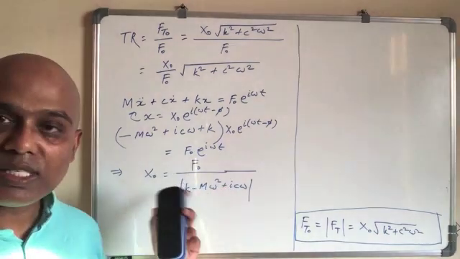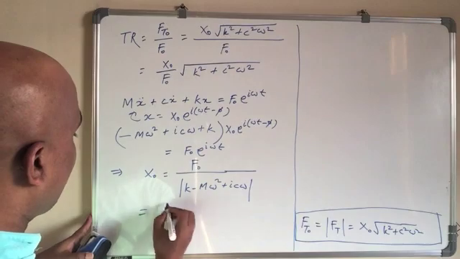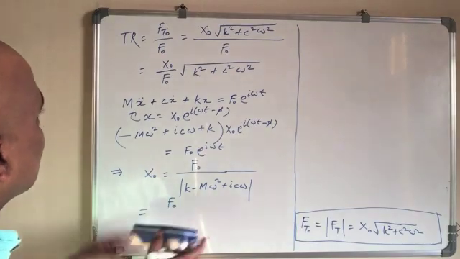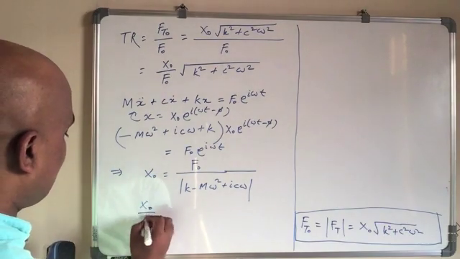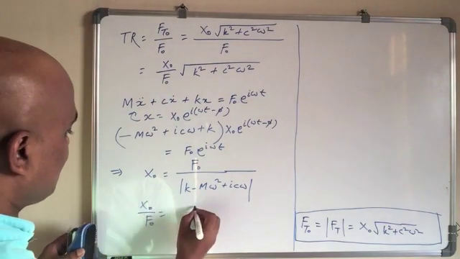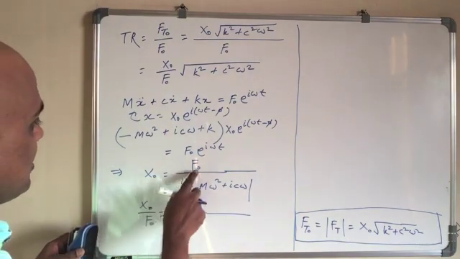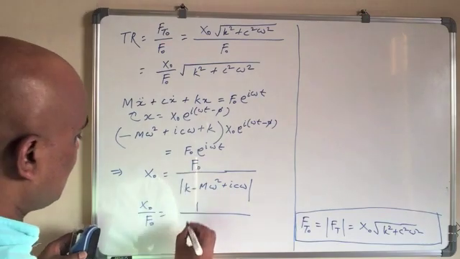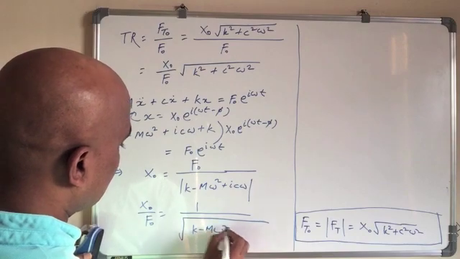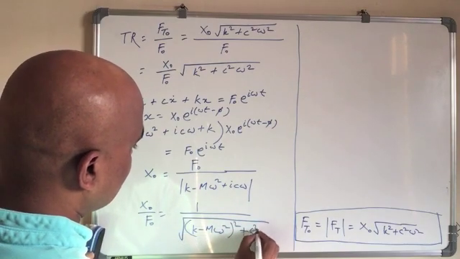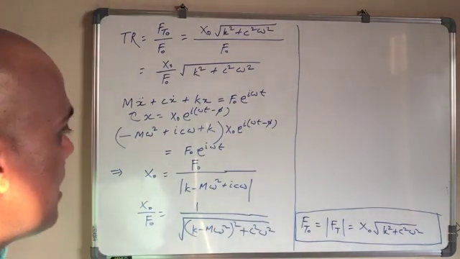So X0 over F0 is equal to 1 over root of (k minus M omega squared) squared plus c squared omega squared.